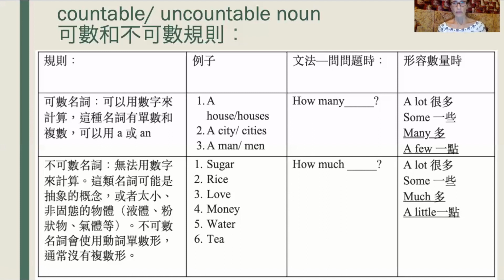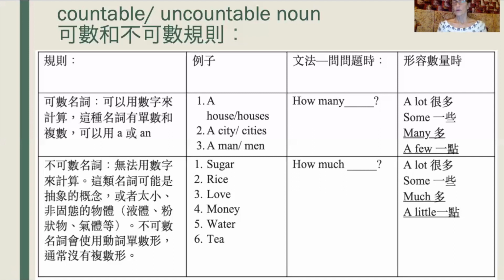And then you can count those things: 2 bags of rice, 2 boxes of sand, a package of salt, a bowl of tea, or a cup of tea.